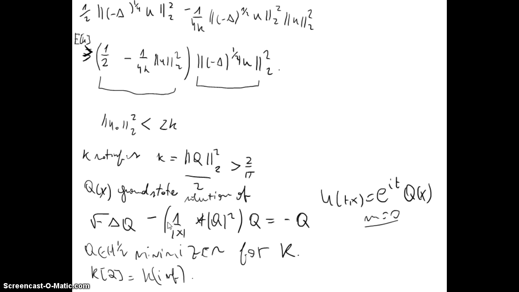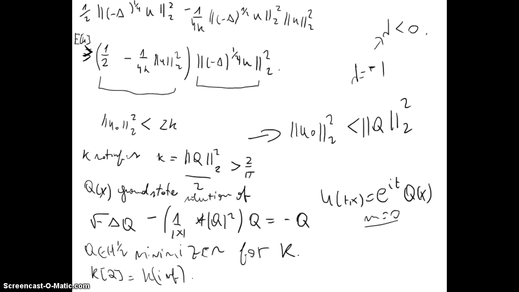So we finally have that because of this, it's sufficient for global existence to have the norm of u naught squared L2 less than the norm of q squared L2. And that will be sufficient for global existence for lambda equals minus 1. But by rescaling we will have the case lambda negative.